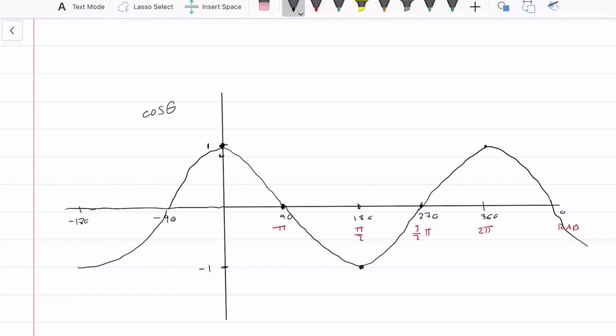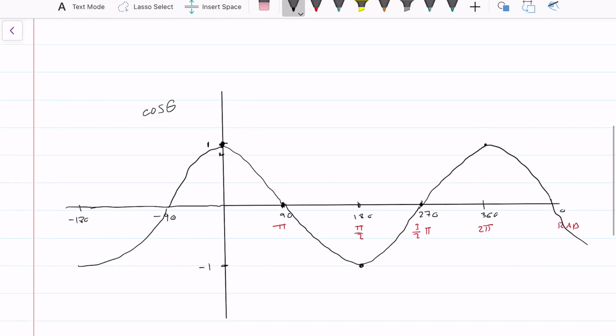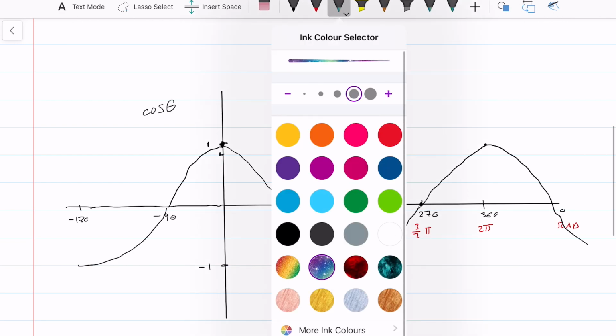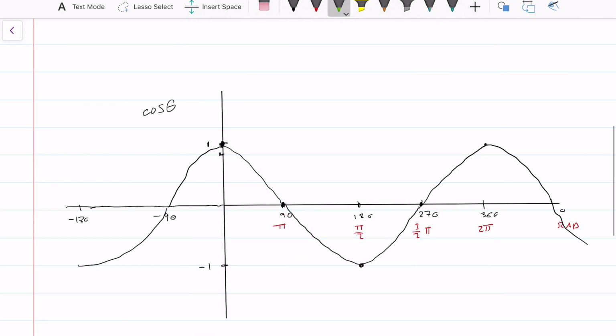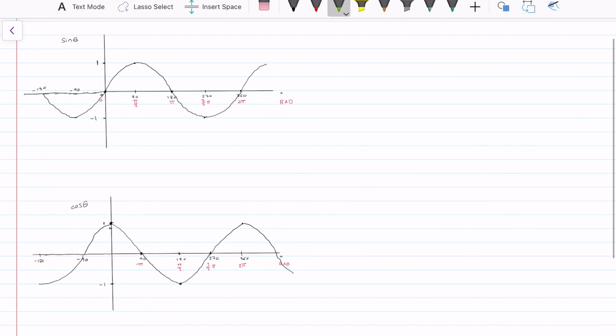Okay, something interesting to note, right? This graph starts at 1, and if we look at the cos graph, it starts at 0. But let's work in a nice different color. If we take these two graphs, right, let's zoom out, they look very similar.